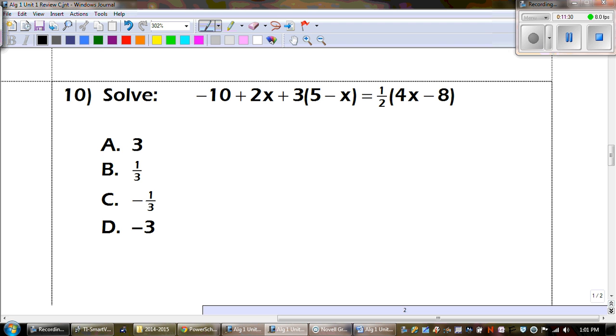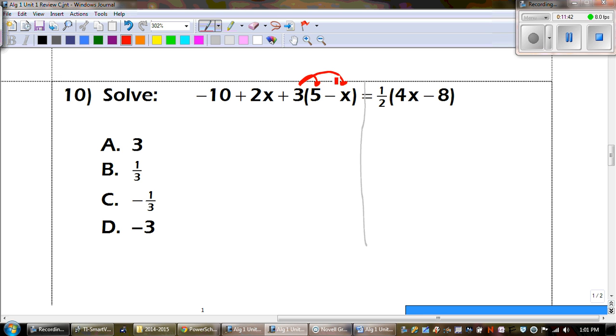All right, number 10. I know it looks like a lot, guys, but it's not that bad. Now, on the left side, the first thing we have to do is to distribute. 3 times 5 is 15, and 3 times x is 3x.